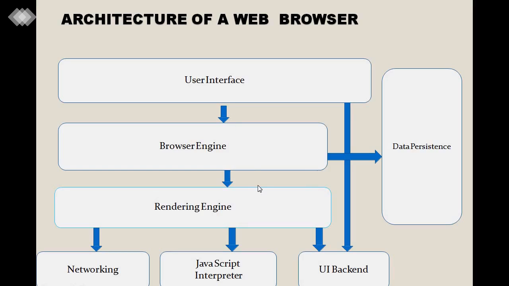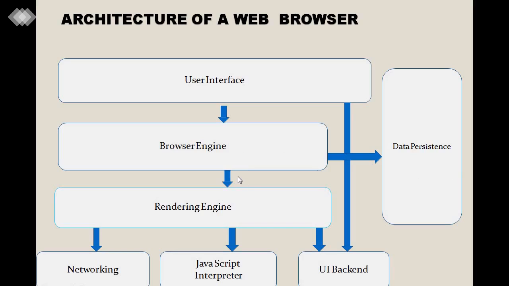So here is the architecture of web browser. In the web browser you can see user interface, browser engine, rendering engine, networking, JavaScript interpreter, UI backend and data persistence. So here is how they are correlated with each other. User interface interacts with browser engine and browser engine interacts with data persistence, or you can say DBMS, or we can say data management system.